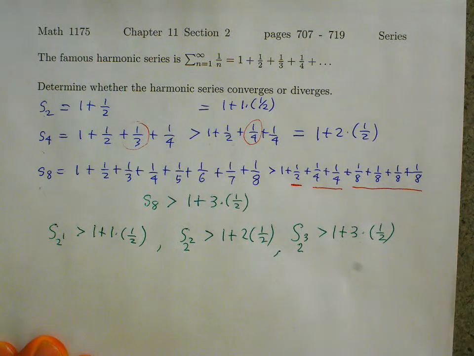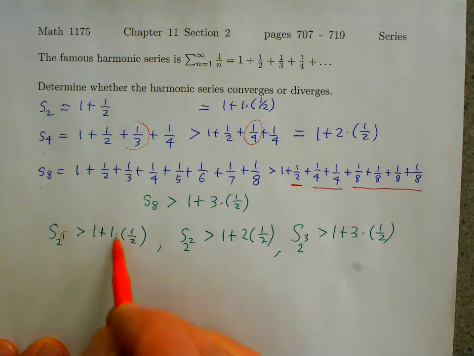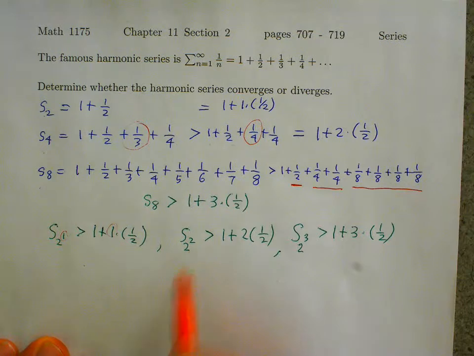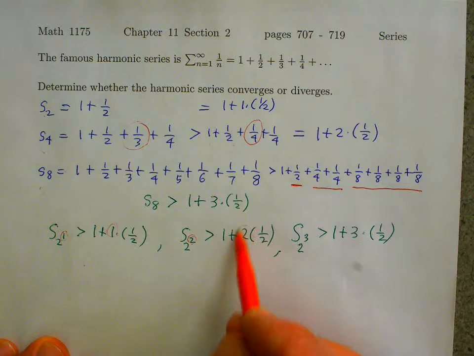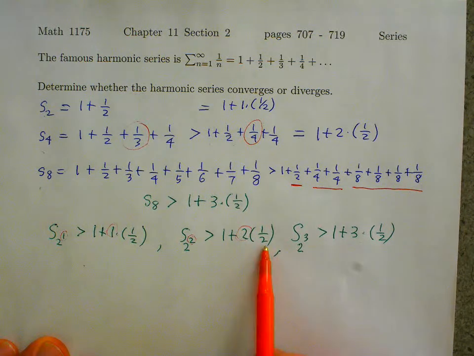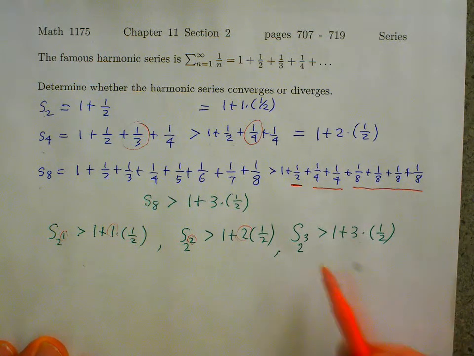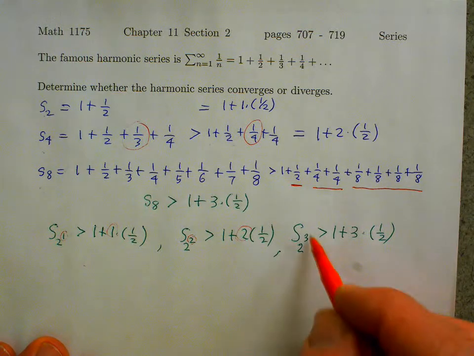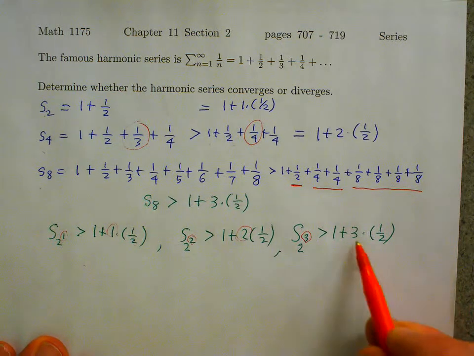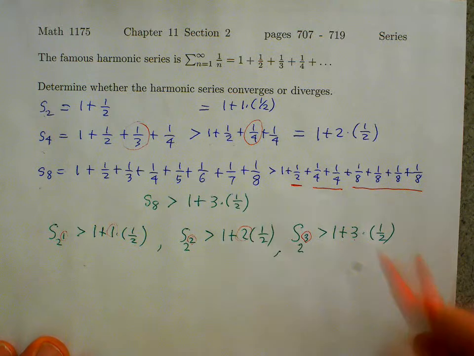Do you see the pattern that we're forming here? The exponent on 2 is 1, and the multiple of 1/2 is 1 for this one. For the next one, the exponent on 2 is 2, and the scalar multiple of 1/2 is 2. For the third one, the exponent on 2 is 3, and the scalar multiple of 1/2 is 3.